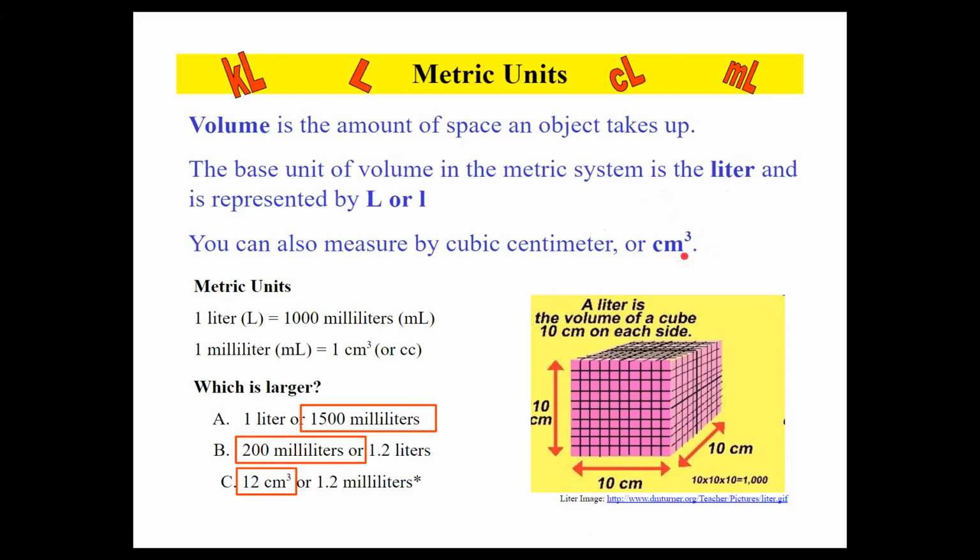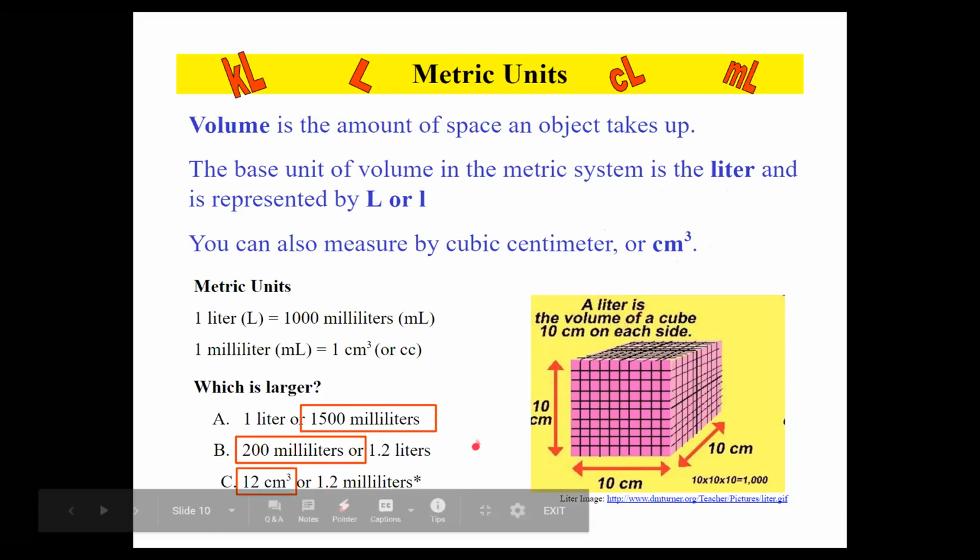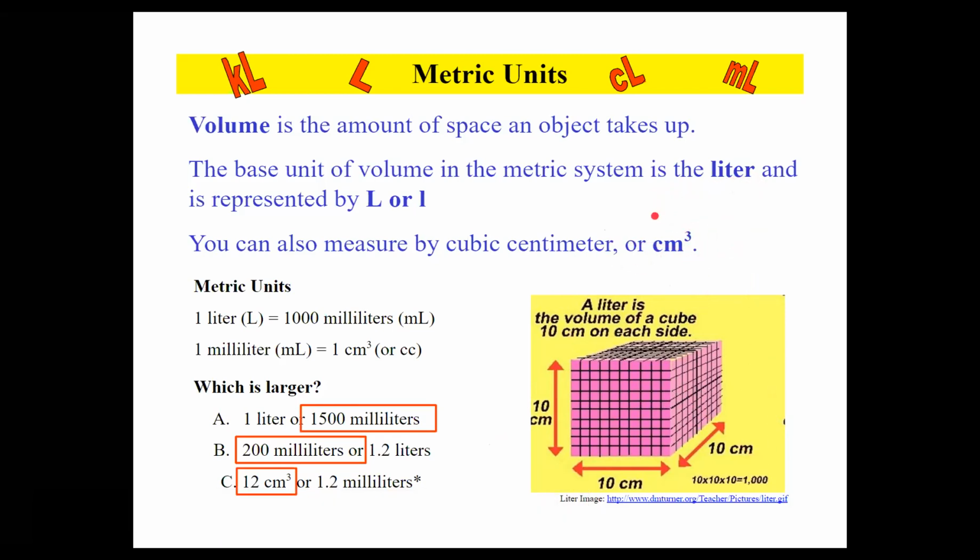That just refers to if you measure an object and you do its height times width times length, you get centimeters times centimeters times centimeters, which is your centimeter cubed for volume. So instead of cubic feet, like you might describe a fridge or a piece of furniture, we have cubic centimeters.